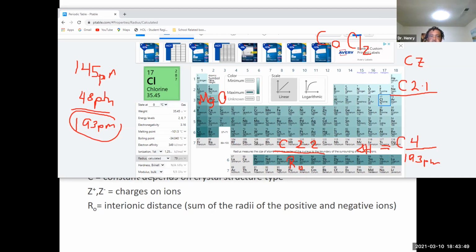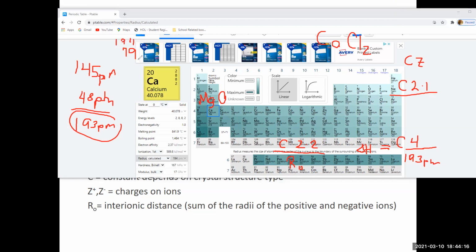So that's 79. Plus the calcium, 194. Oh, that's how you got that. Yep.